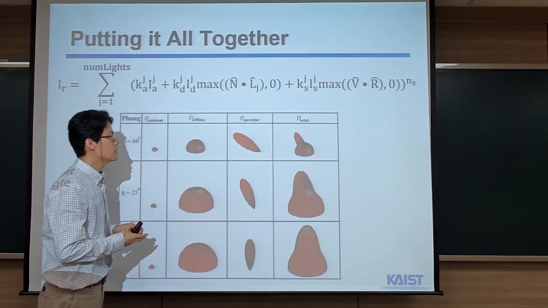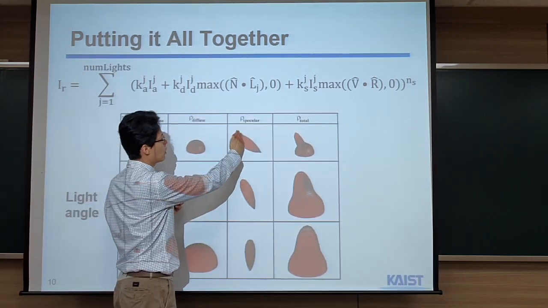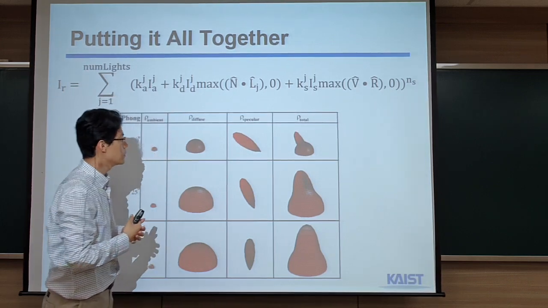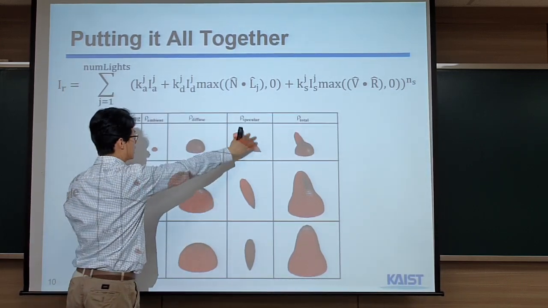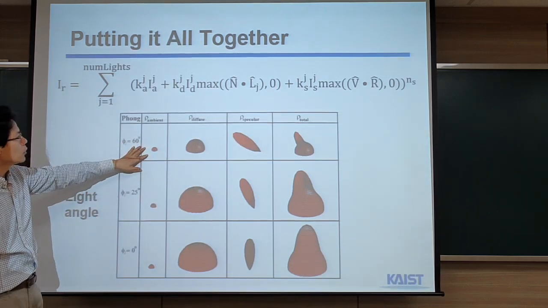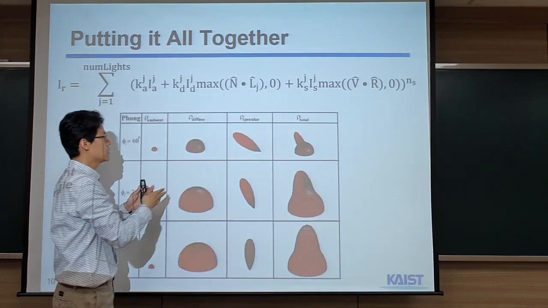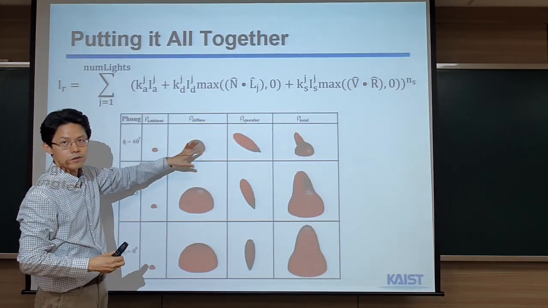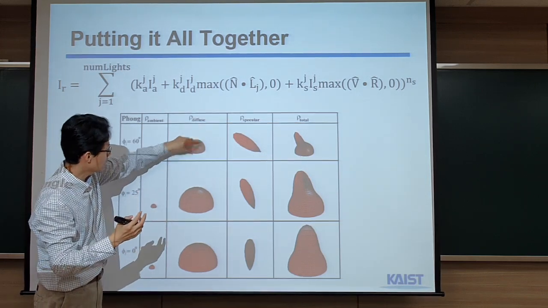But we want to support non-ideal ones, so the energy will fall off a little bit here. The highlight will fall off from this reflection vector. This is the specular term in that case, and this is the ambient term, and also the diffuse term. The light is arriving there, so we receive the energy and we reflect the energy all over the directions, as an amount of this energy, right?